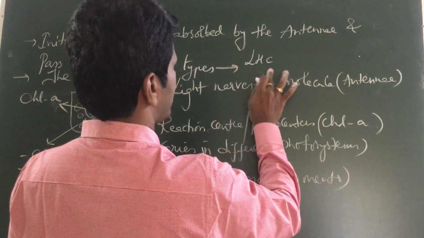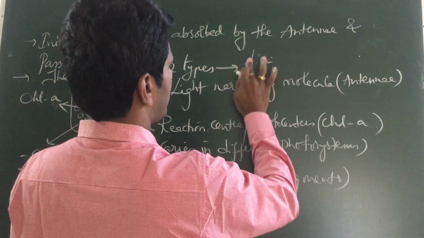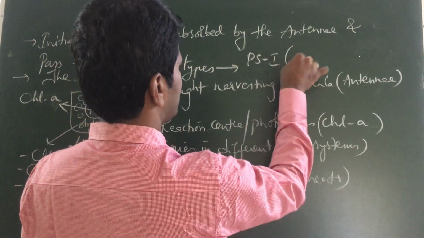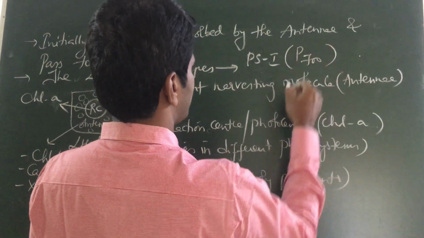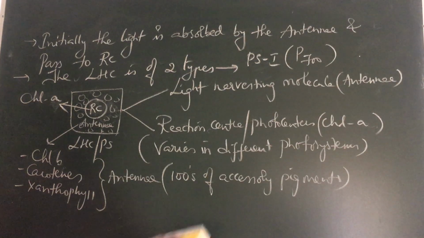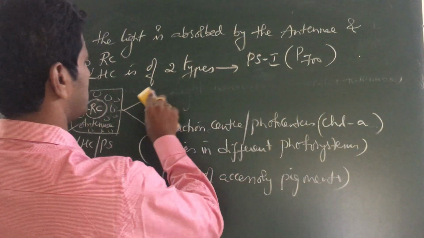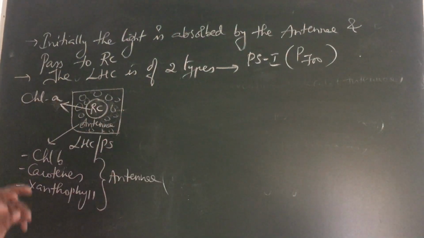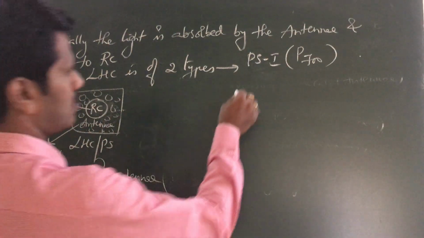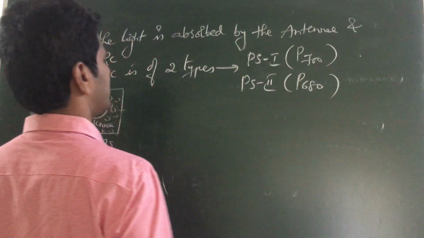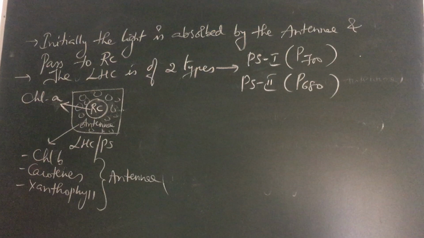LHC 1 for photosystem 1, which we call P700 for the wavelength 700, and photosystem 2, that is P680, the wavelength of light. So two types, photosystem 1 and photosystem 2.